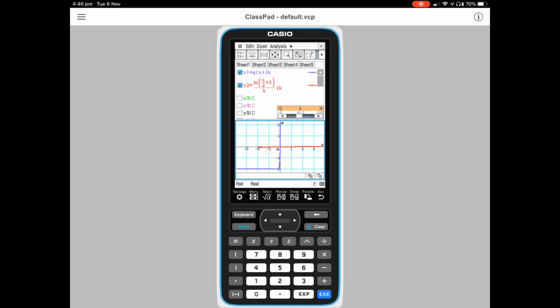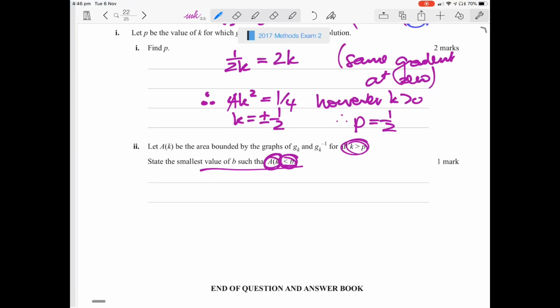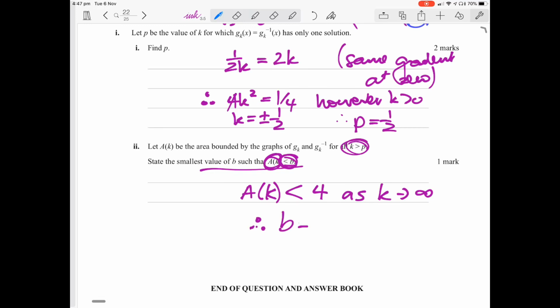That's going to produce a box in there. So that area is approaching a square, and that square has a side length of 2. So A(k) is less than 4 as k approaches infinity. Therefore, we know that b is equal to 4.